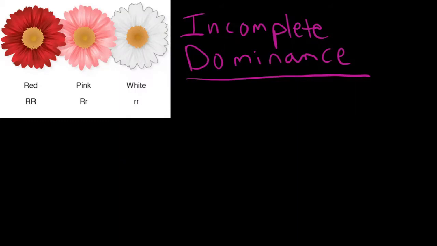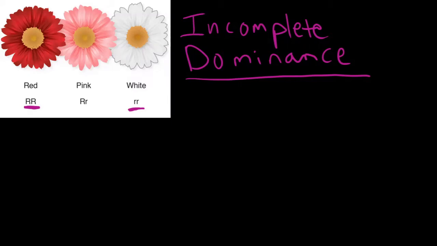And so if we wanted to look at the actual genotypes, our red genotype we could represent with 2 capital R's. Now normally, with our Mendelian pattern, we said that capital letters represented dominant alleles. But in this case, it's incompletely dominant. It can't totally hide the white, meaning it can't completely override the lowercase r allele and just make it totally red.